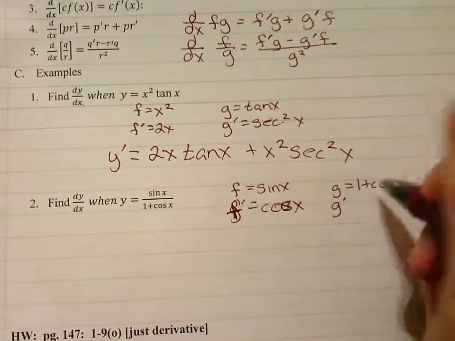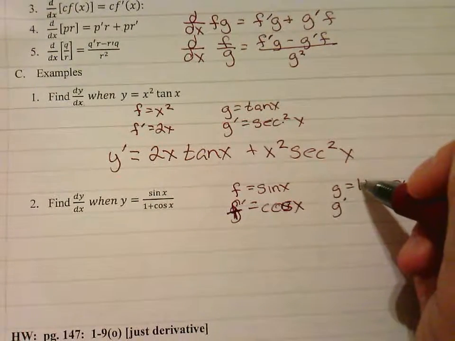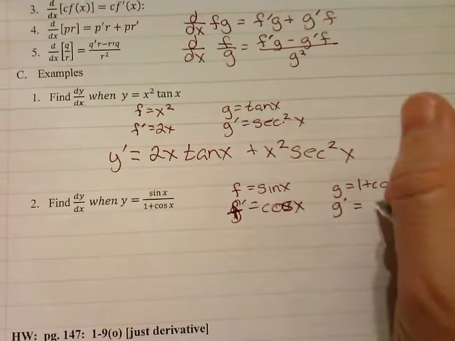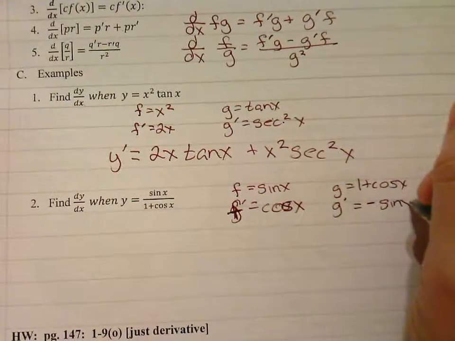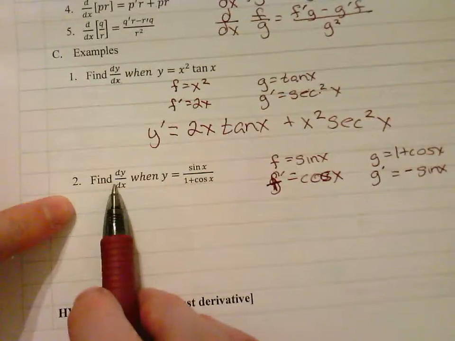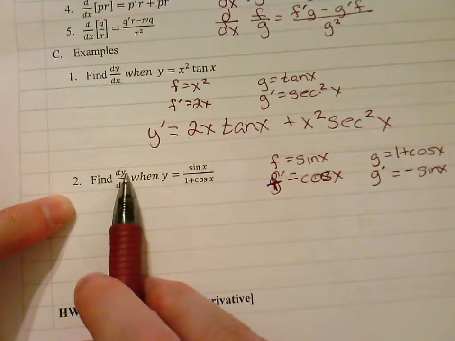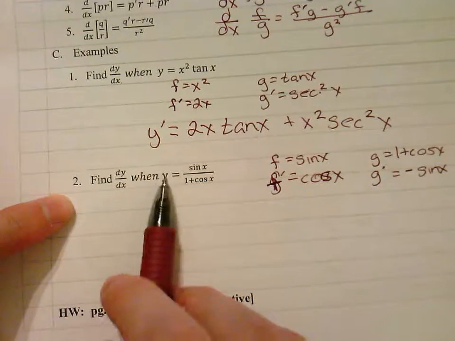So remember the derivative of 1 is just a 0. Horizontal lines have a slope of 0. So the derivative of cosine x is negative sine x. Okay. So again, this is saying find the derivative with respect to y when y equals this.